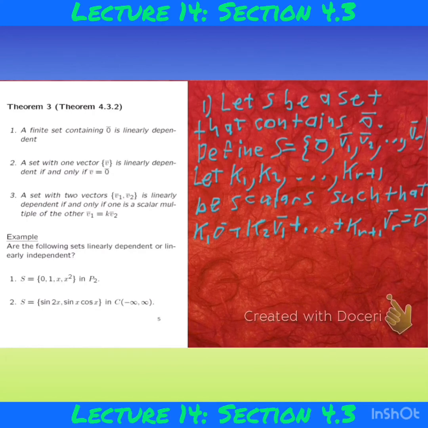Now, by inspection, looking at all these k's, k1, k2 up until kr plus 1, can we find a non-trivial solution to this system? It's easy to see the following.